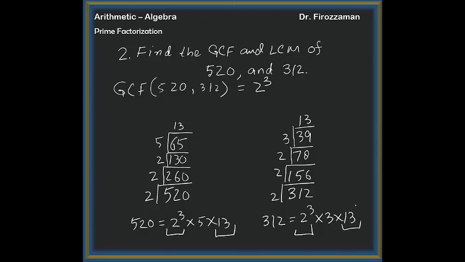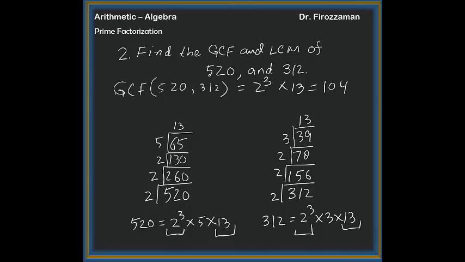So then GCF will be 2 to the 3 times 13. If you multiply together, you will end up with 104. You can take a calculator or do it by hand. 2 to the 3 is 8. So 8 times 13 is 104. So we are done with greatest common factor.